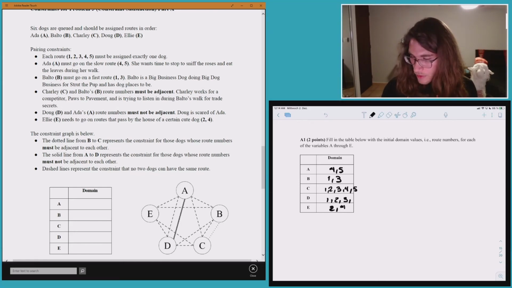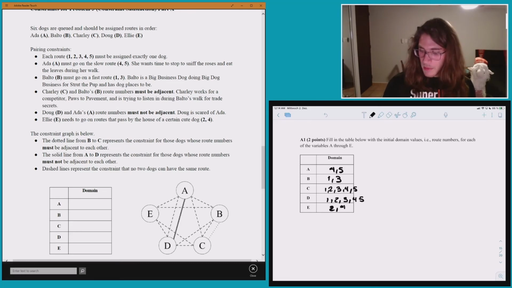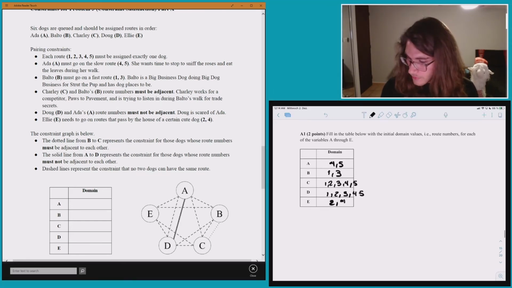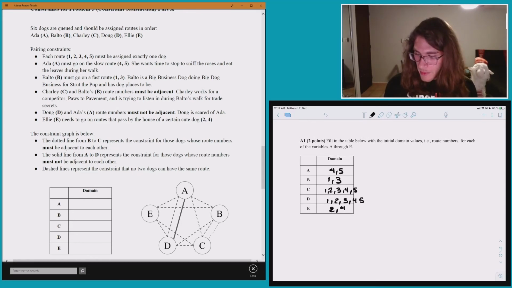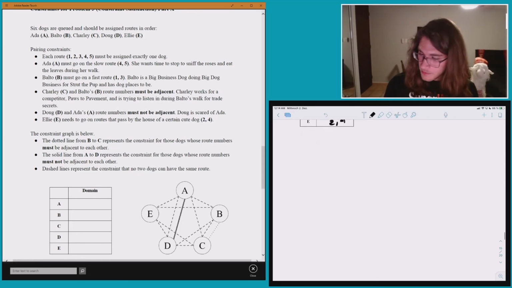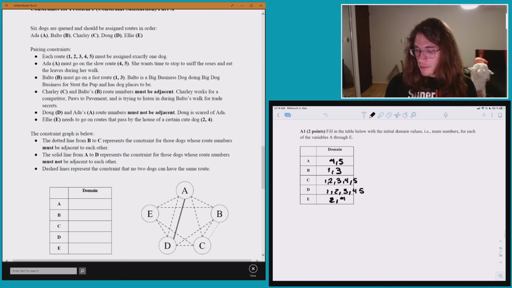And then the same with Douglas, 1, 2, 3, 4, and 5, because it depends on the assignment of A, and that's not a hard constraint. So this is the original domain of each of those 5 variables. If this seems a little bit iffy, I recommend you revisit the constraint satisfaction problems recitation, and perhaps skim through it just as a refresher.